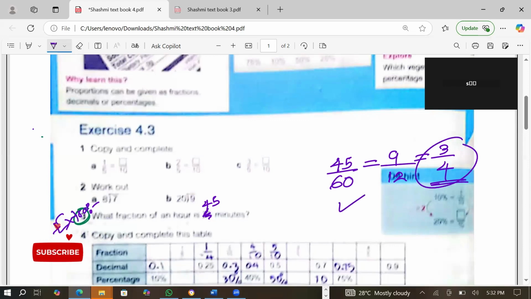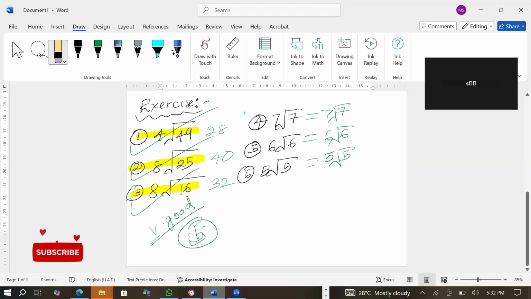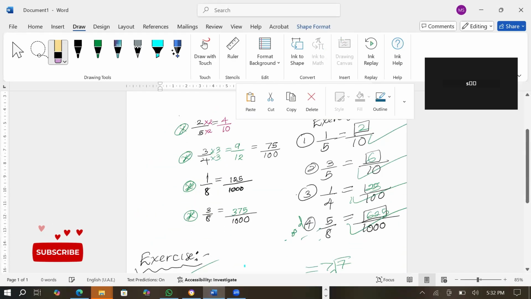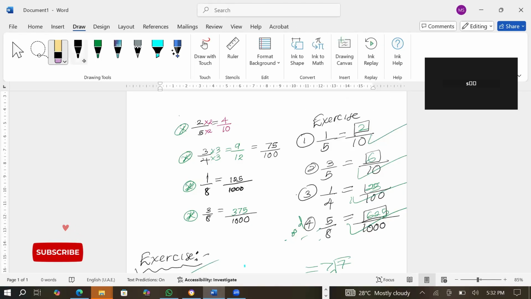Okay, then we'll go to the exercise. So how to write each and every fraction as decimals? That is my question. How to write this as a decimal? Wait. 0.4. Very good. 0.4.